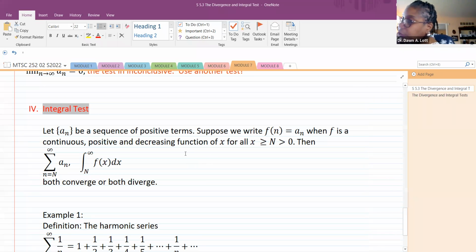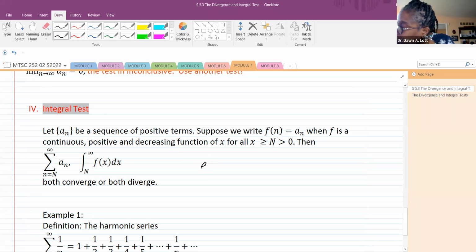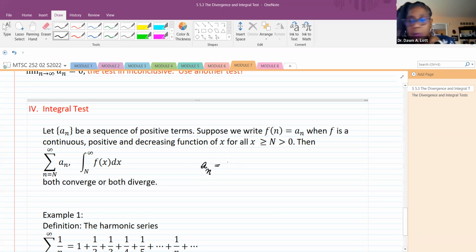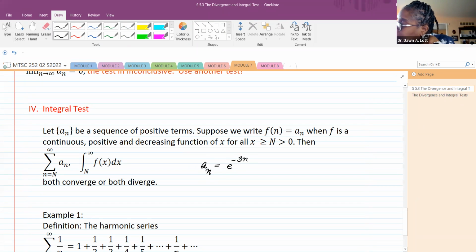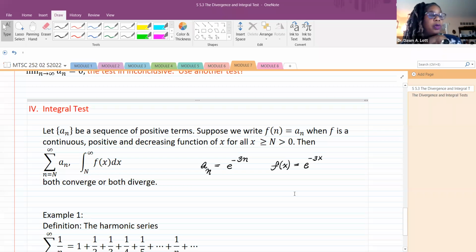So if a_n happens to be e to the minus 3n, then my f of x will be e to the negative 3x. Okay, so my function is going to be created from whatever I had for a_n. Any questions about that? That's how it's going to be created.